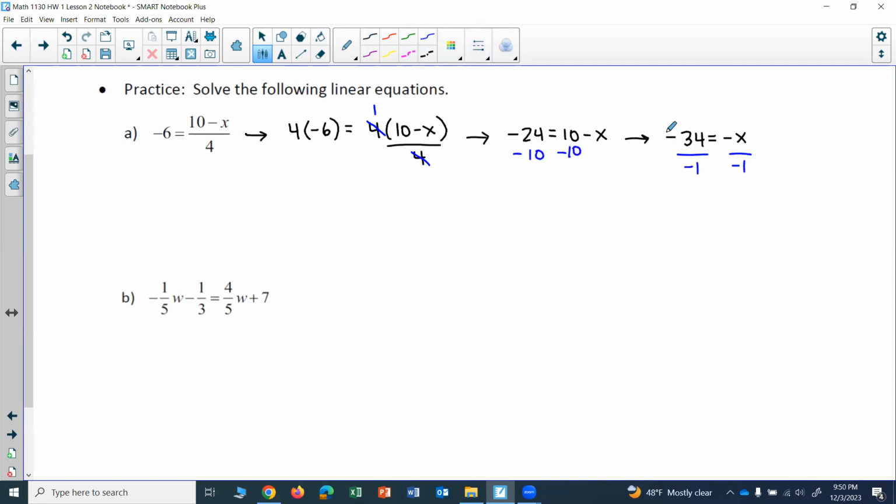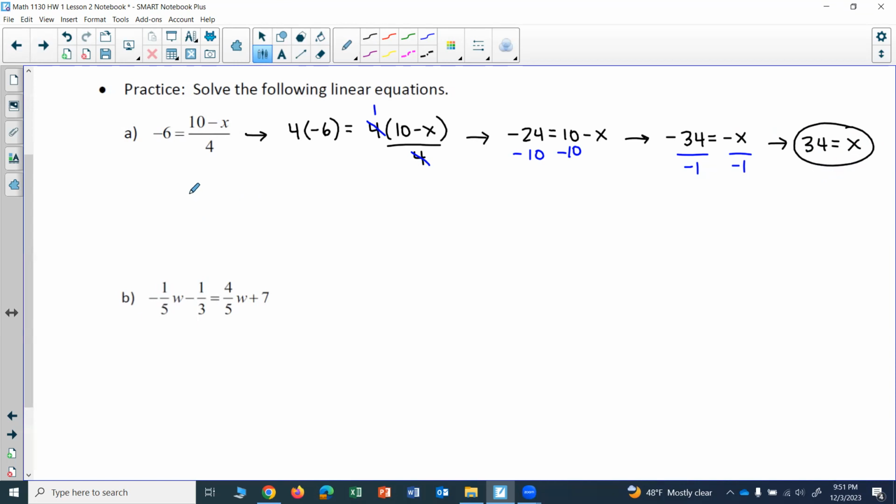So I end up with -34 over -1, which would give me a +34. And then -x over -1 would leave me with x. So x equals 34 is my solution. I'm done at that point because there's nothing added or subtracted or multiplied or divided with the x.